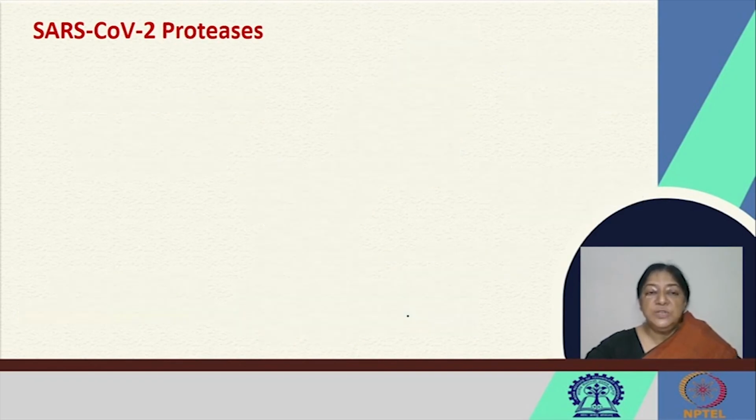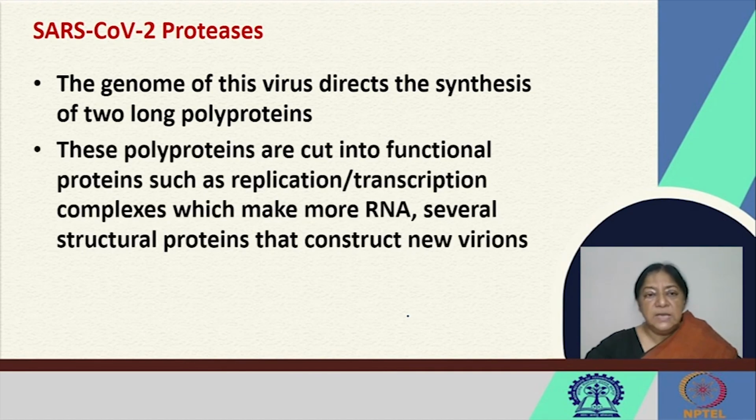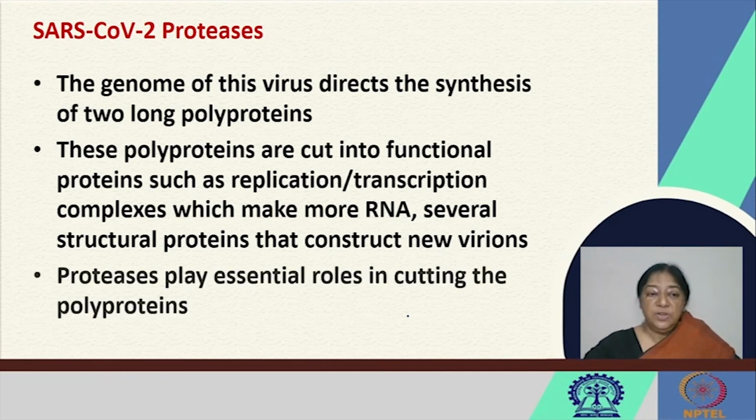The SARS-CoV-2 proteases: this genome of the virus directs the synthesis of the two long polyproteins. Now, these polyproteins are cut into functional proteins such as a replication transcription complex, which then make more RNA and other several structural proteins that can construct new virions.